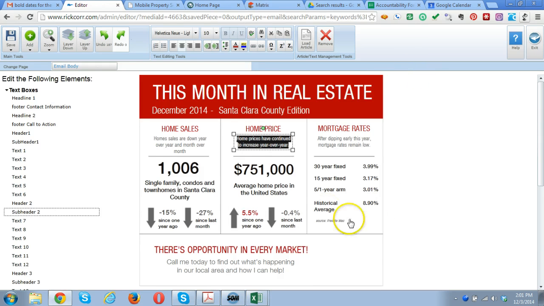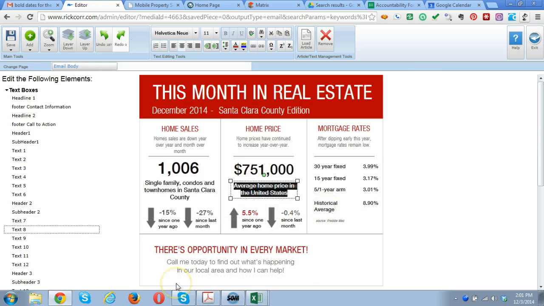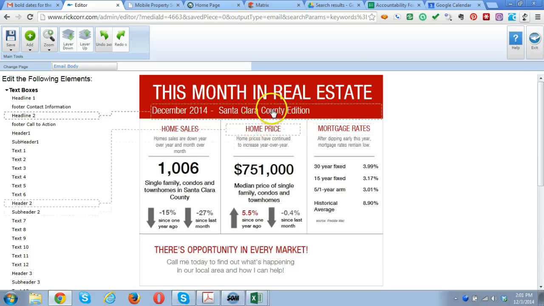And that's certainly it. And then this isn't right. We're going to say median price of single family condos and townhomes. And I'm not going to say Santa Clara County because we've said it at the top also, and I'm running out of room.